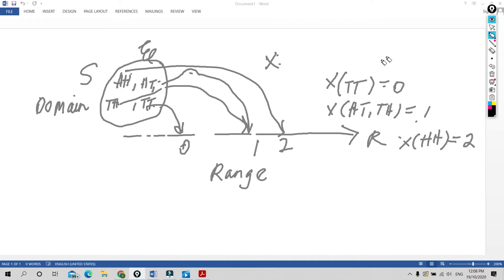So this is known as a random variable. This part is a function. It's a connection between the domain and the range here, the real line. The connection between the domain and the real line is known as the random variable.